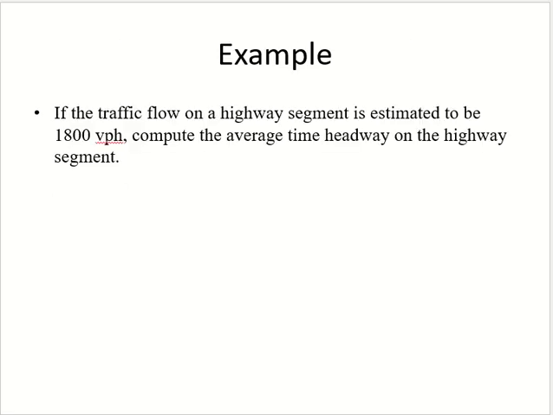If traffic flow is given as 1800 vehicles per hour, we have to calculate the average time headway on the segment. Flow is given, time headway is required. What is the relationship between flow and headway? They are inverse. We just do the inverse.